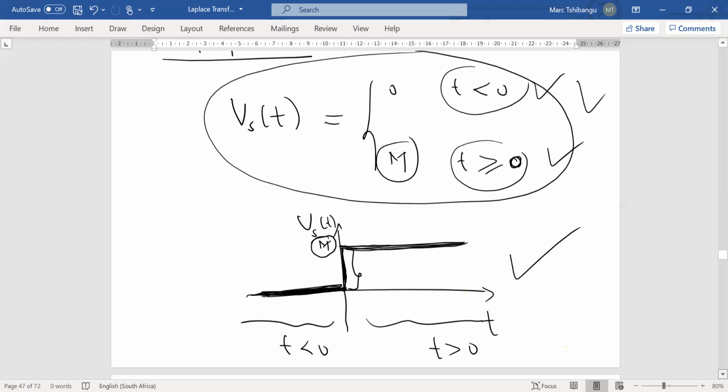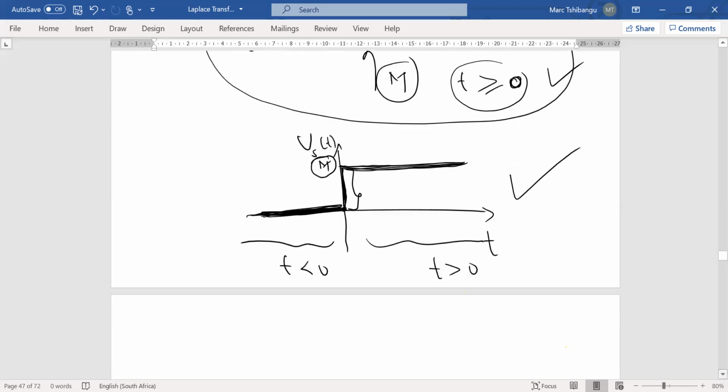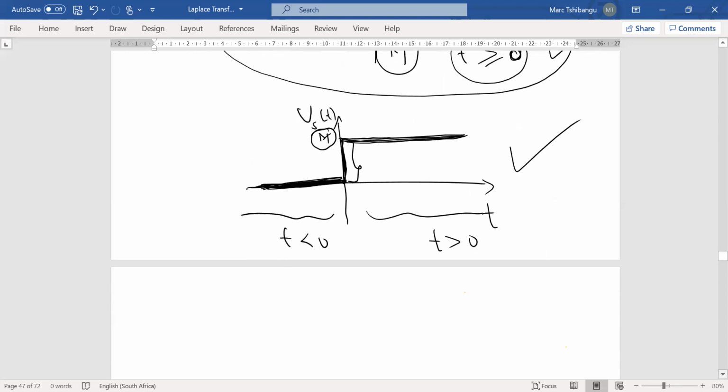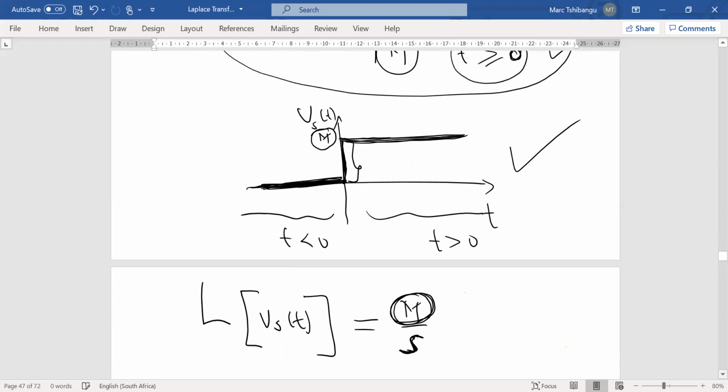But what is the Laplace transform of a step function? The Laplace transform of the step function is m over s, where m represents the magnitude of the sudden change, right? So if the magnitude is 3, then you're going to have 3 over s. But in this case, the magnitude is m.